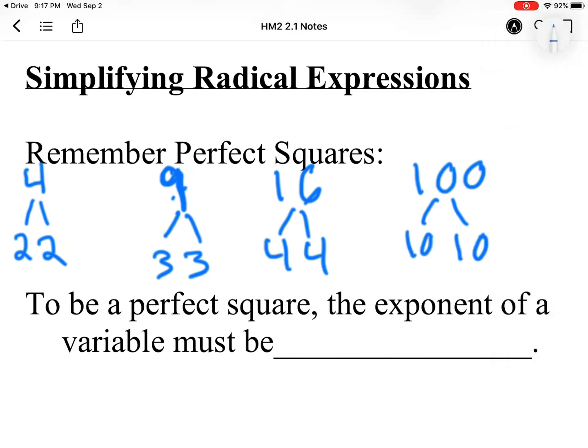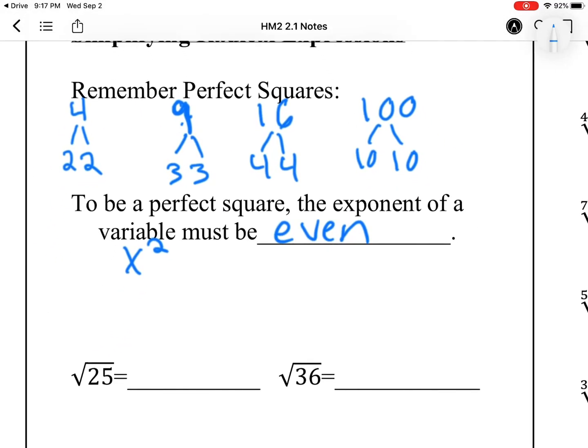To be a perfect square of a variable, the exponent has to be even. So if we had x to an even exponent, let's say 2, that means we would have x times x.